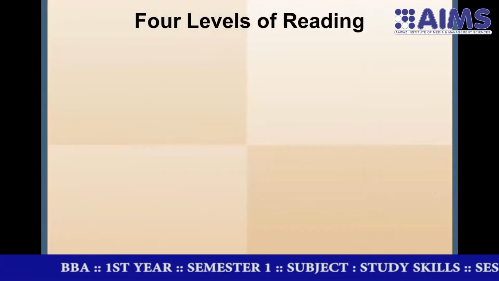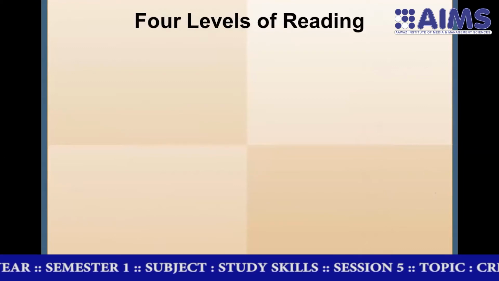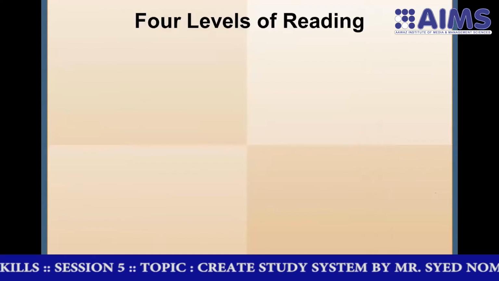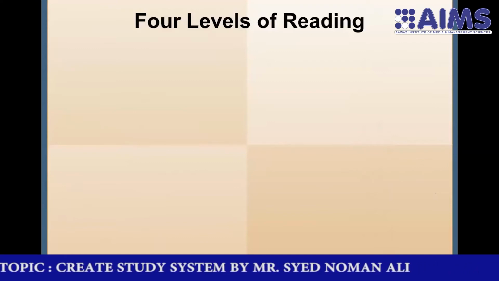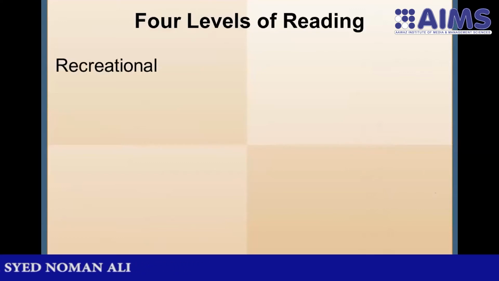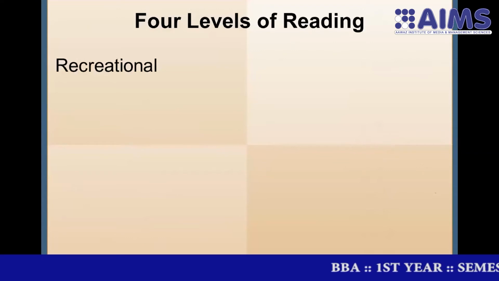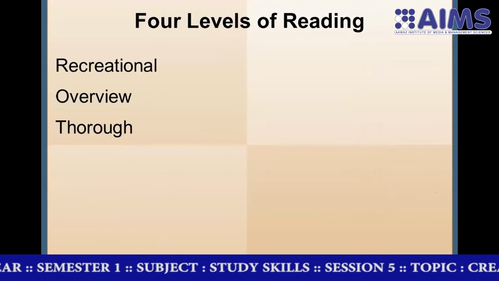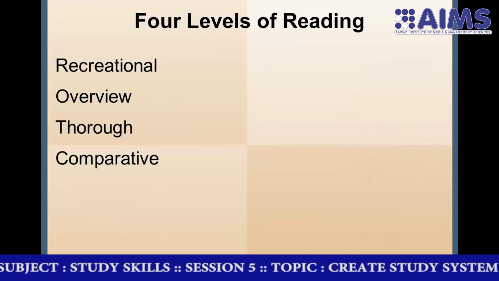There are four levels of reading. All this content helps you in the last part, active reading, and how you will improve and make your reading effective. So here are the four levels. Recreational: recreational means you create meanings. Within the text, overview: go through the content.